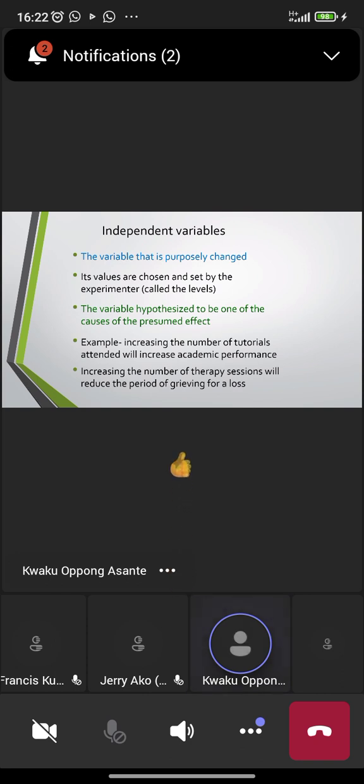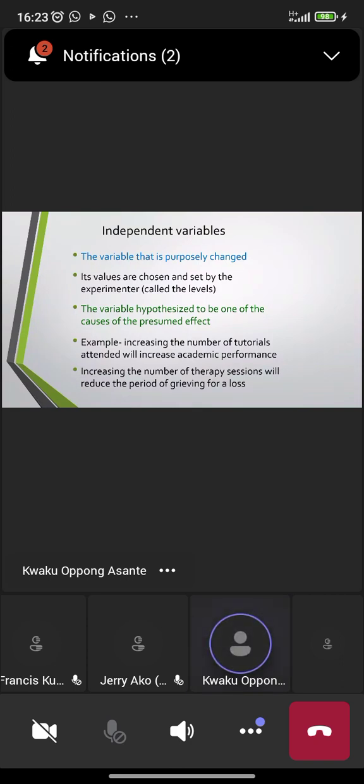So it is the variable that the researcher is intentionally changing. In classical experiment, we call the IV the experimental variable. You know, the variable that is manipulated. It is the influential manipulated variable. The variable that the researcher aims to change its form.